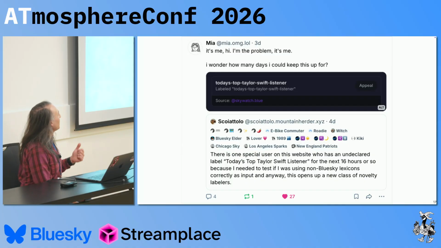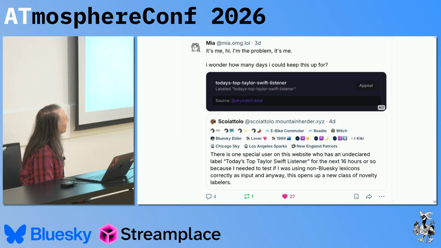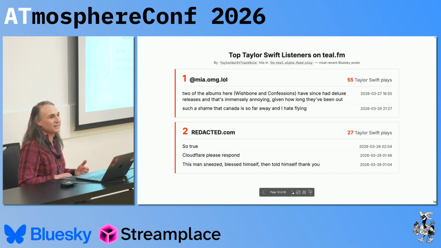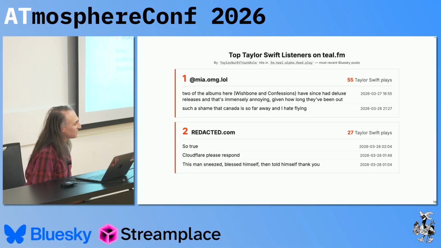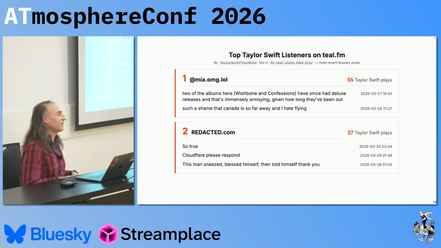And I could. It was pretty simple. It's kind of funny because you can go from there and independently invent something very similar to Addy, where you take the posts of the top Teal FM listeners of Taylor Swift tracks, find some of their posts, and now you have a feed you could potentially create. Again, not really within the scope of what we do, but I do want to point out that labelers can be fun.